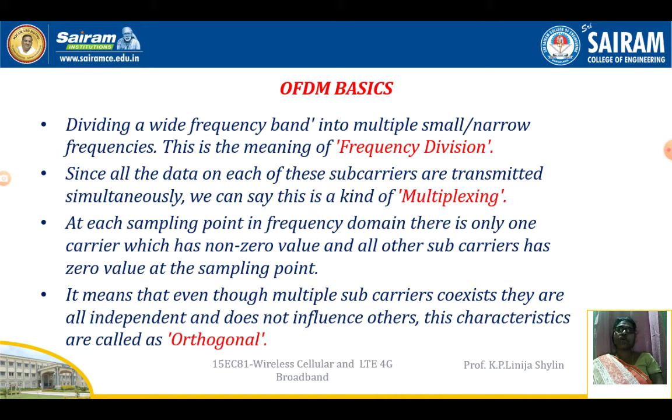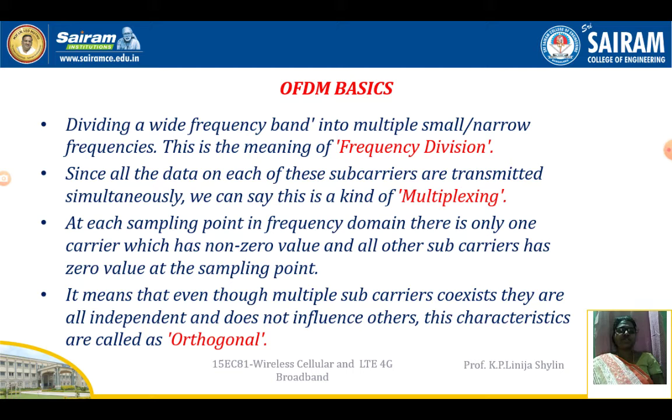In general, one single message is multiplexed into many outputs. Now one wide frequency band we are dividing into a number of frequency bands, and each narrow frequency carries some data. Therefore we call that process multiplexing.